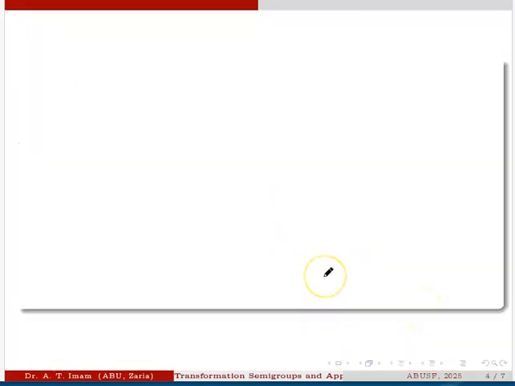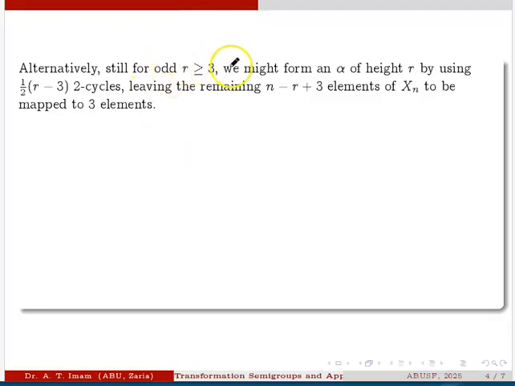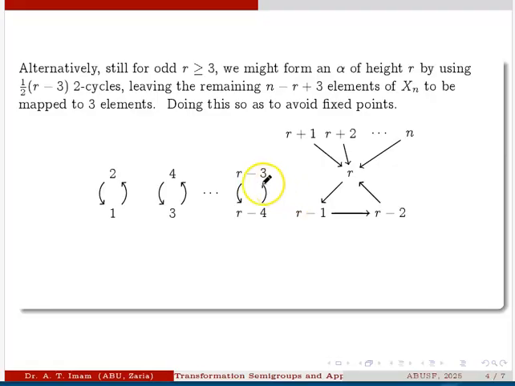And then an alternative way to do it, if r is greater or equal to 3 but still odd, then you can reserve 3 of the points of the image and then form 2-cycles, that is (r minus 3)/2 2-cycles, and then the remaining 3 you allow them to map in a cycle form, and map the remaining points of the domain of alpha to one of these, to r here.